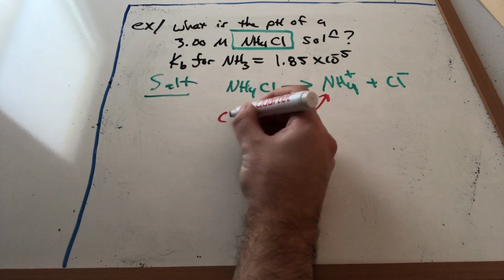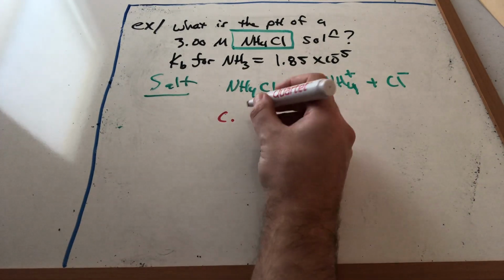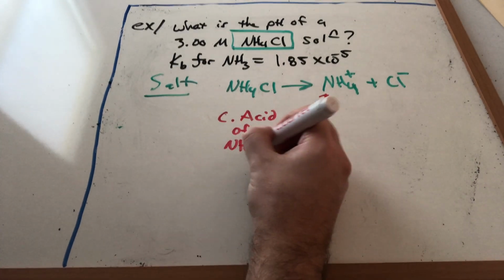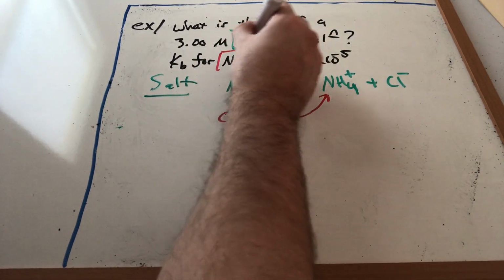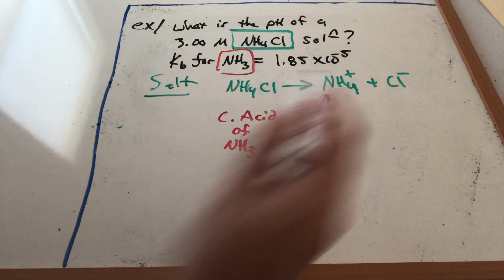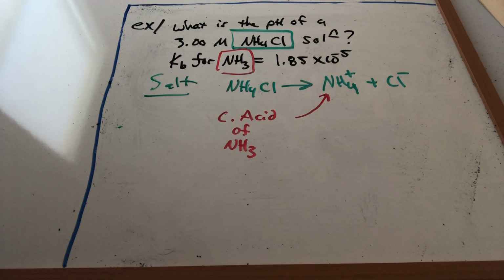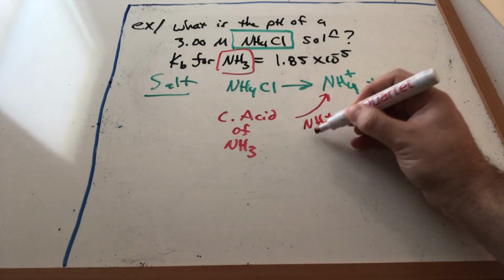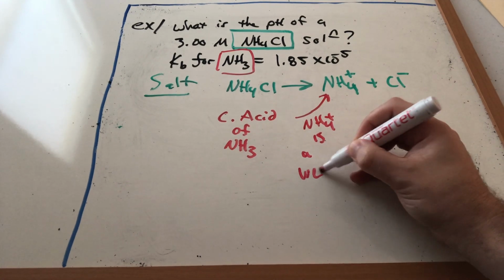NH4 plus looks like the conjugate acid of NH3. It looks like NH3 with an extra H plus. So NH4 plus for sure, this guy right here, is a weak acid.